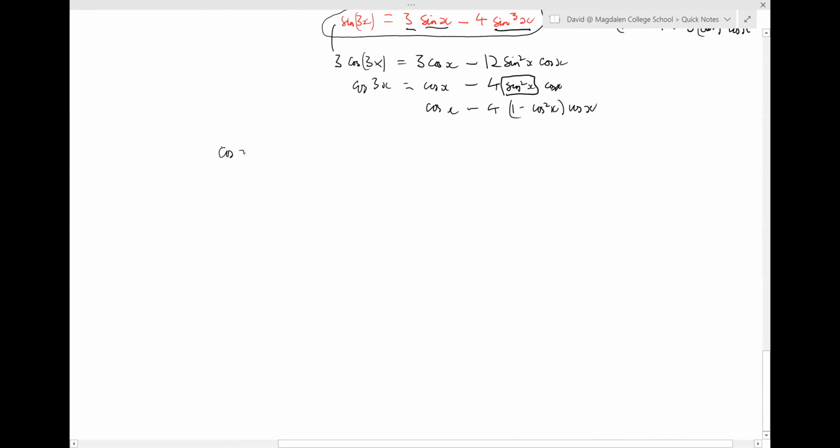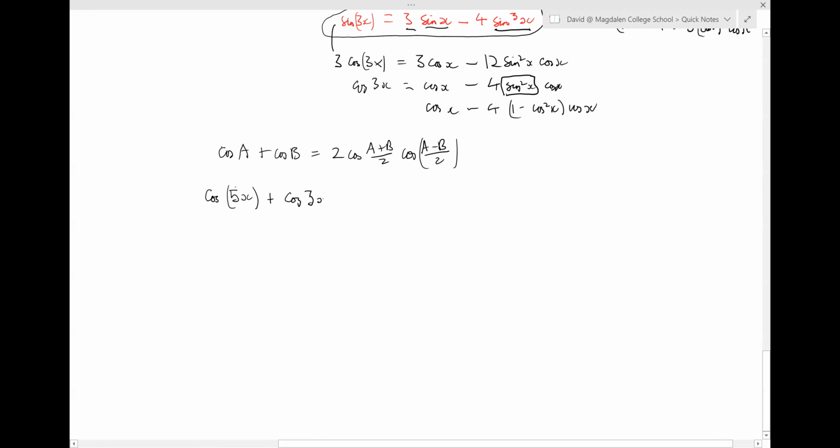So we've got this expression: cos A plus cos B is 2 cos of A plus B over 2 times cos of A minus B over 2. What therefore is cos 5x plus cos 3x?